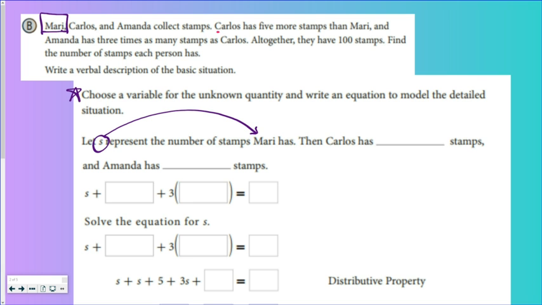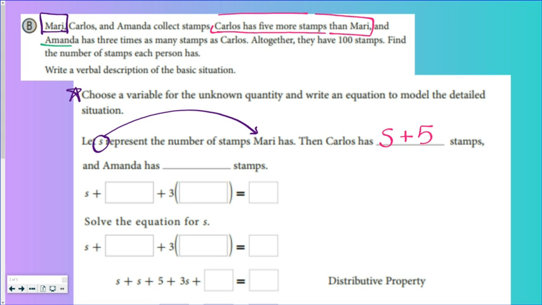The word problem did tell us that Carlos has 5 more stamps than Mary. So if Mary is S and Carlos has 5 more, we're going to add 5 stamps to S. That's going to be S plus 5. And then lastly, we have Amanda.